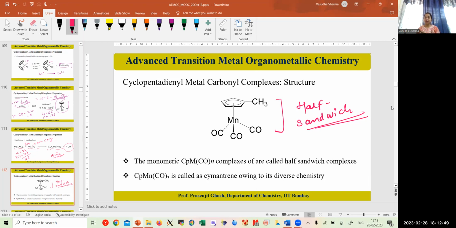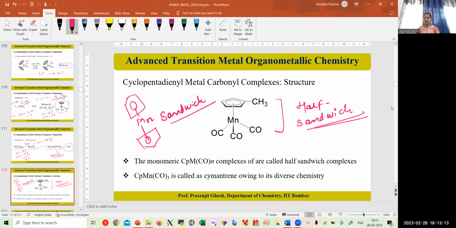When we have a carbonyl, we call it a half sandwich, because if there were two Cp rings on both sides, that is known as a sandwich complex. For example, in the case of manganese, this would be with both sides in the staggered form I have made. You can make an eclipsed form also. That would be a complete sandwich complex.